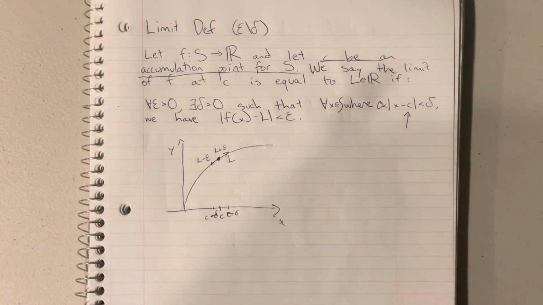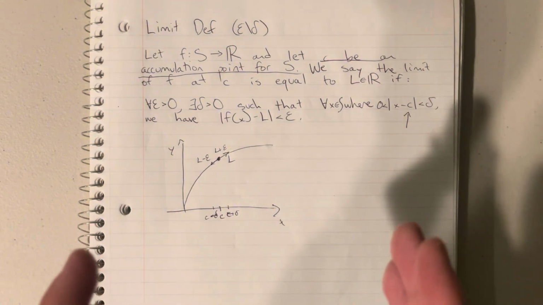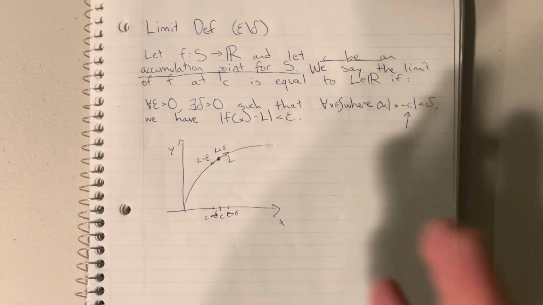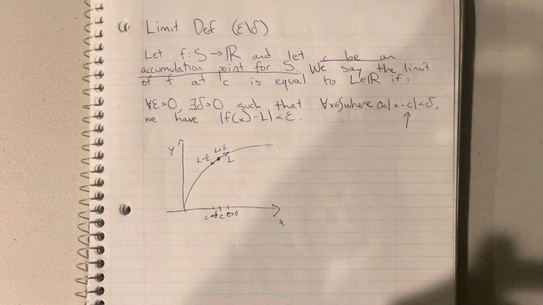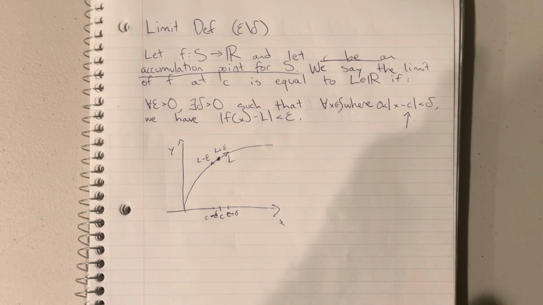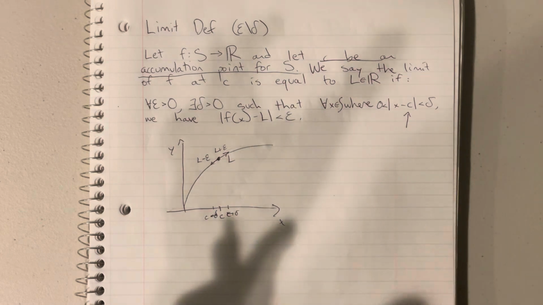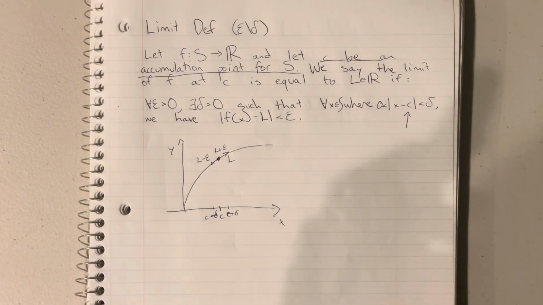So give me some distance epsilon from the limit L. We can always find some delta that keeps the domain's values constrained in such a way that the distance between the function value at these x values and the limit is less than any given positive epsilon.